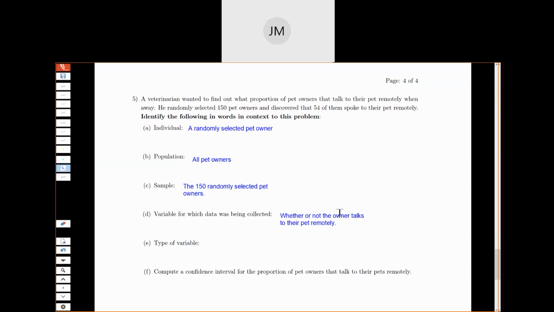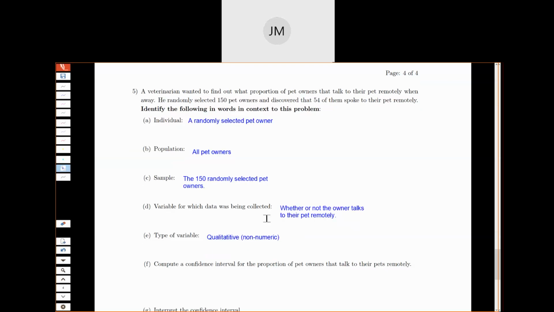Since the answers would be yes or no, I know that the type of variable is qualitative.